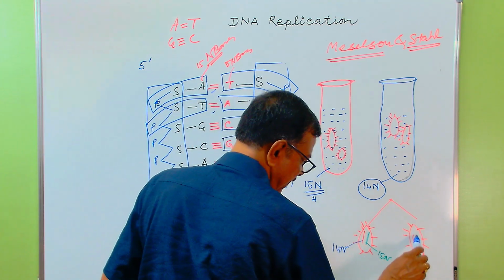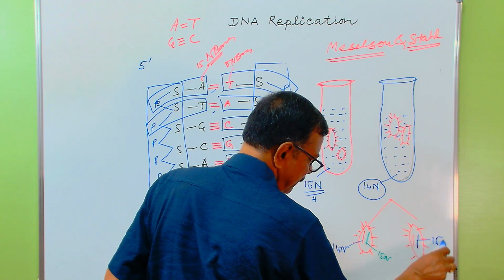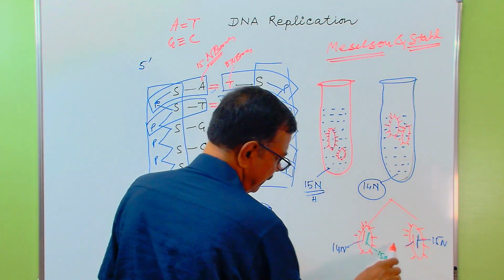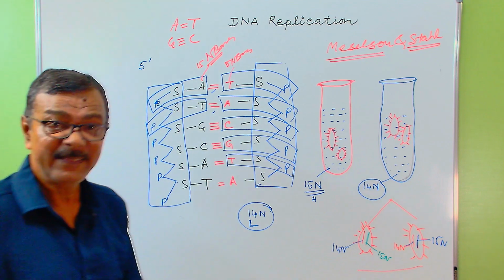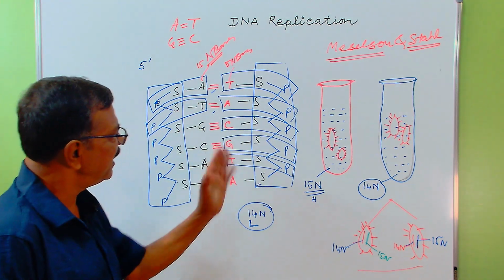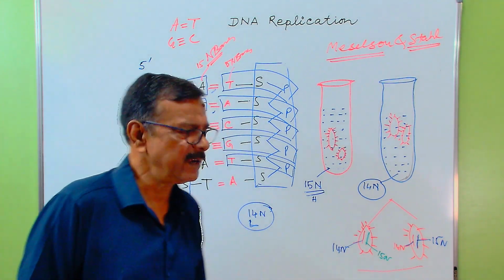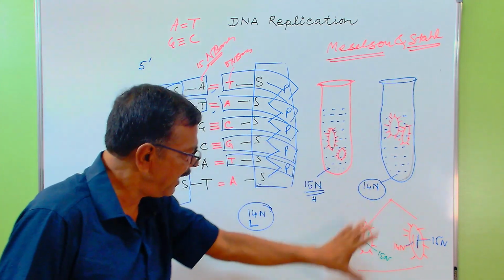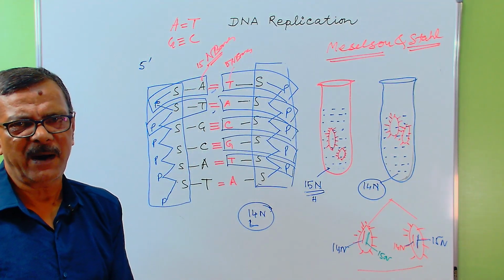In this case also, it is 15N and this is 14N. So it is conclusive proof that DNA replication is semi-conservative. This is the Meselson and Stahl experiment, and whatever I have said is the history part.